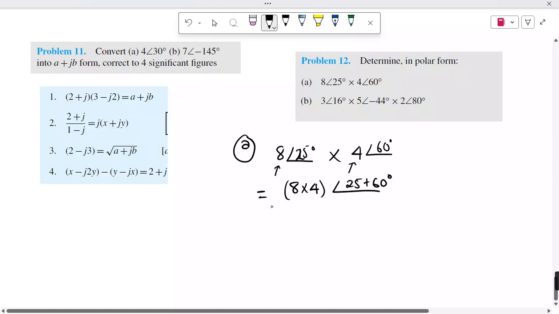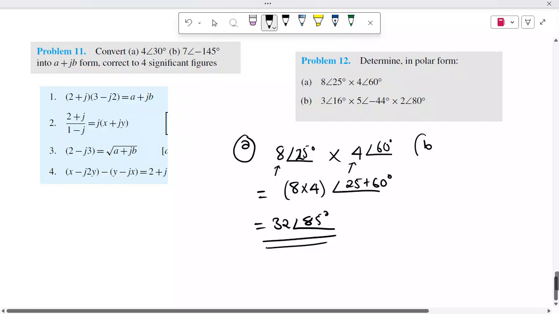So here we get 32 at an angle of 60 plus 25, which is 85 degrees. This is how you multiply: you multiply the magnitudes and then add the angles.